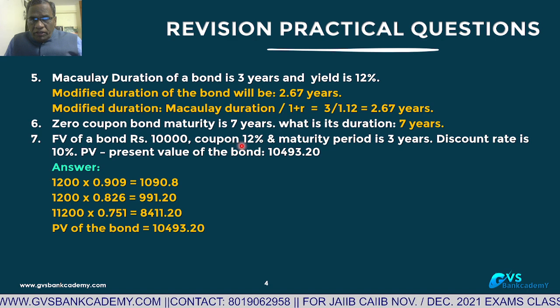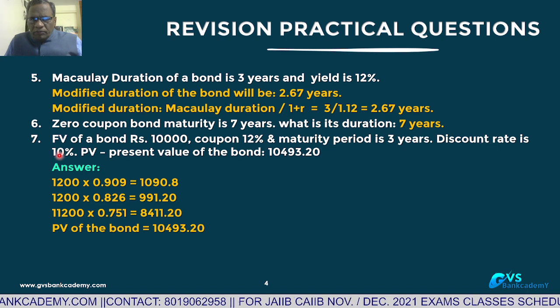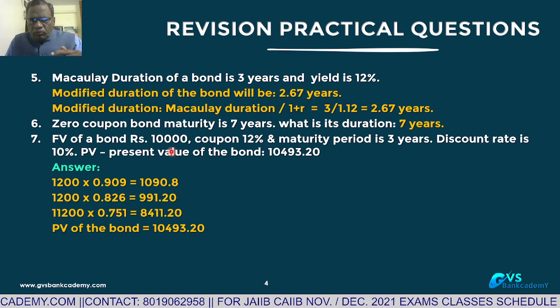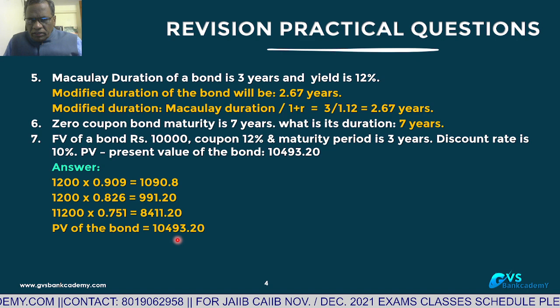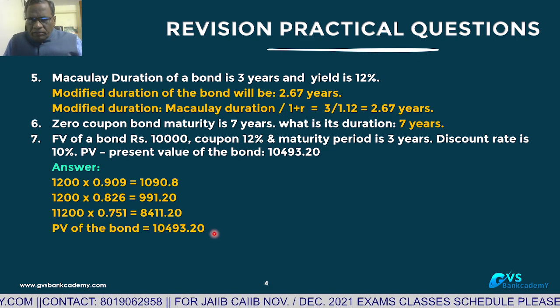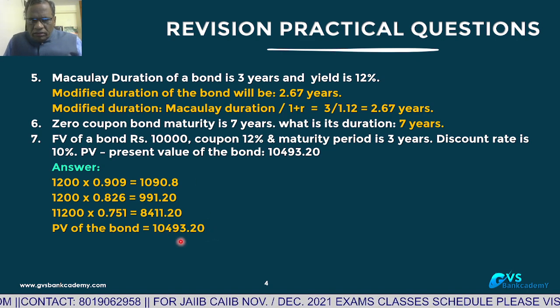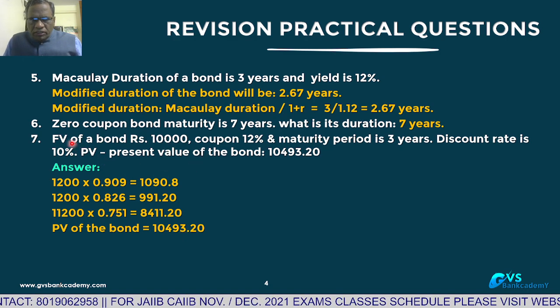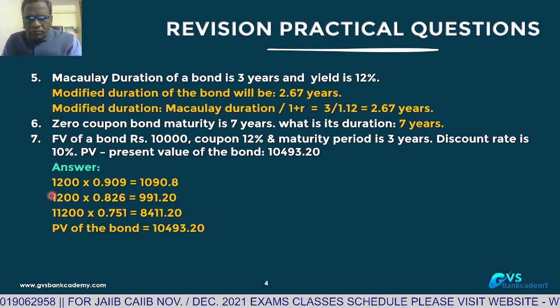Because the bond is fetching a coupon of 12%. If you are investing presently, the market will fetch only 10%. That's why the bond is quoting at a premium in the market, a premium over face value. This is the reason. Very important. They are asking the same type of question in the examination also.